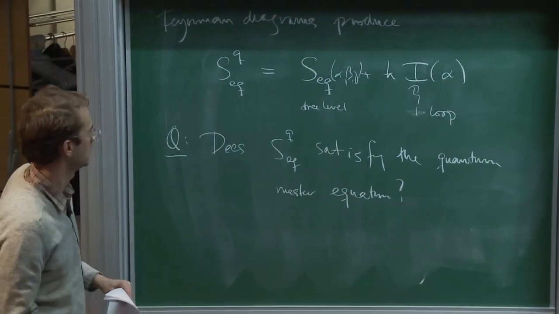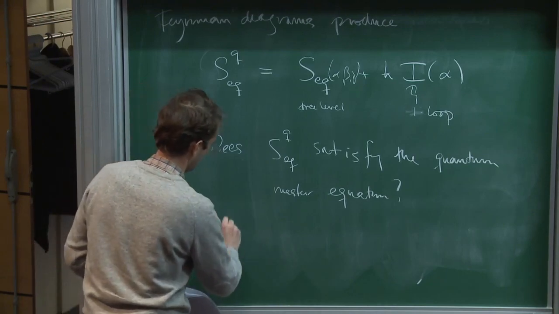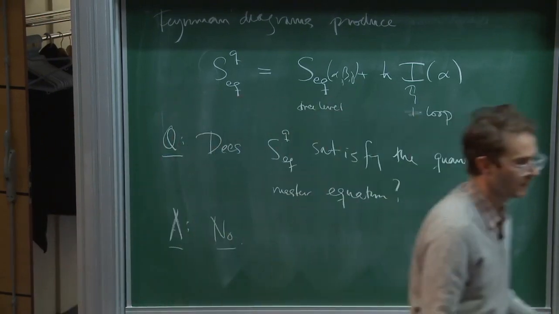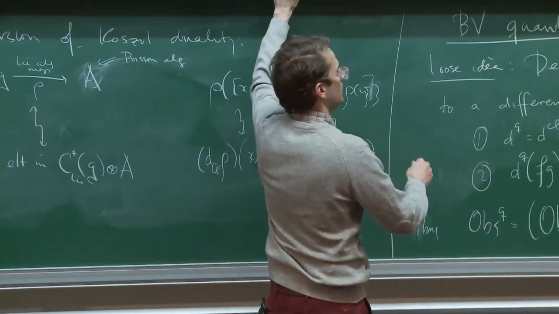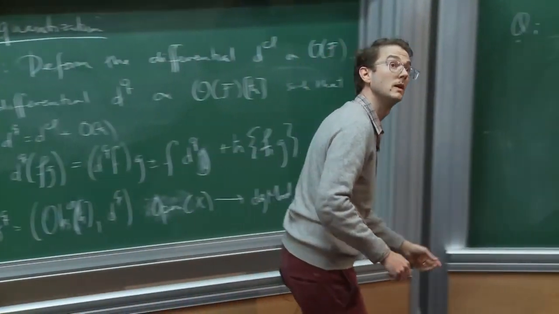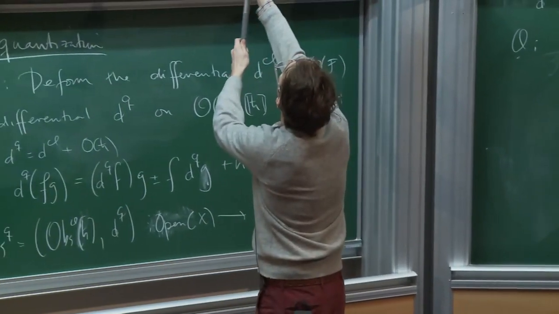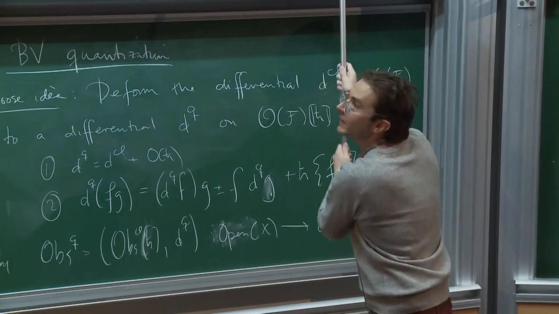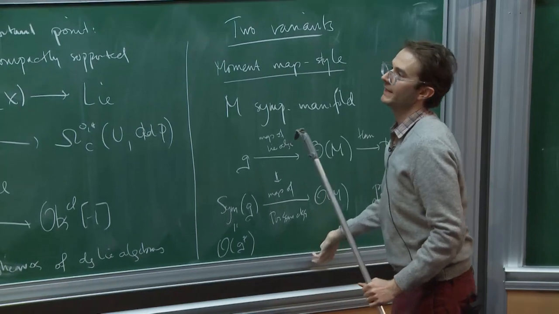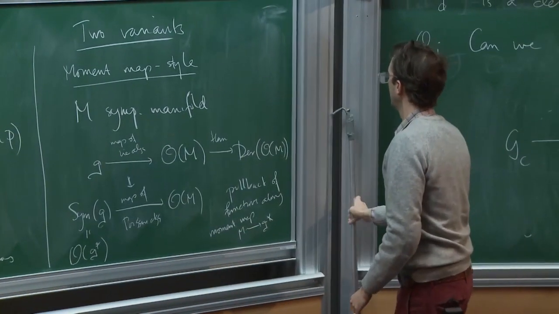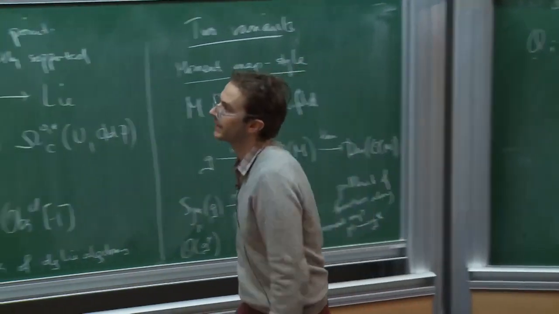OK. And the answer is no. So let me explain what the answer does look like. I'm not going to elaborate on this because I didn't give myself time, but one of the nice things Brian's done is to do, once and for all, computations that work in every complex dimension.